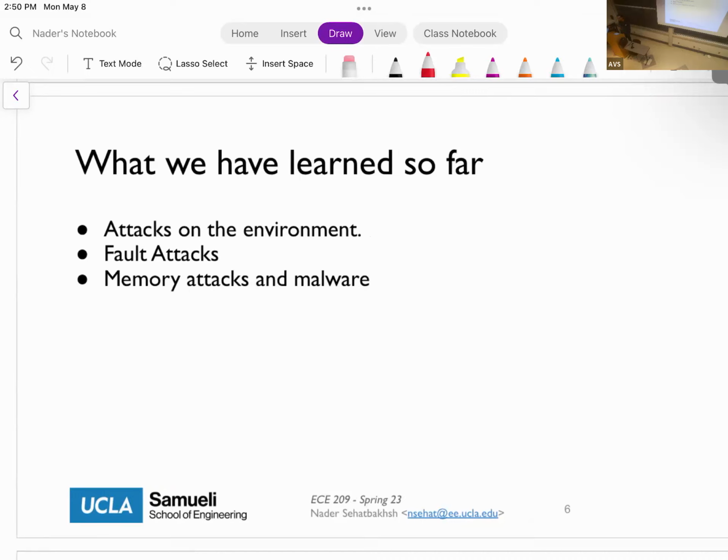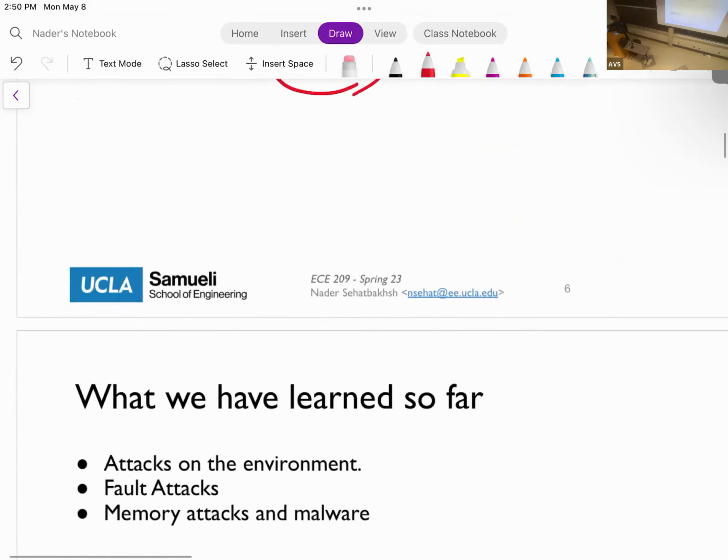The attacker can also directly interact with the system through the inputs or network and create memory faults and memory attacks, right? We talked about this extensively. Eventually, what the attacker wants to do is attack confidentiality, integrity, or availability. Usually this results in some form of malware being installed on your system and then attacking your system, right? So that's what we covered so far.